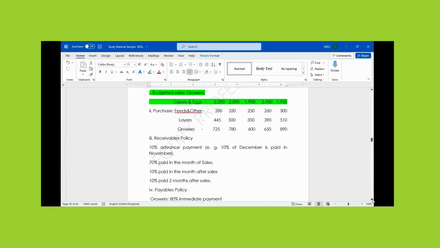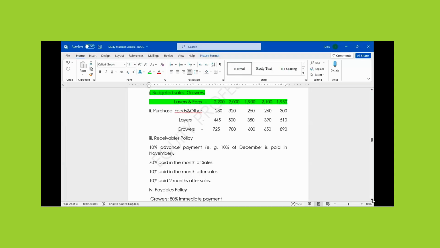In the month of sales, which is December. Another 10% in January, month after. Why the balance of 10%? February.